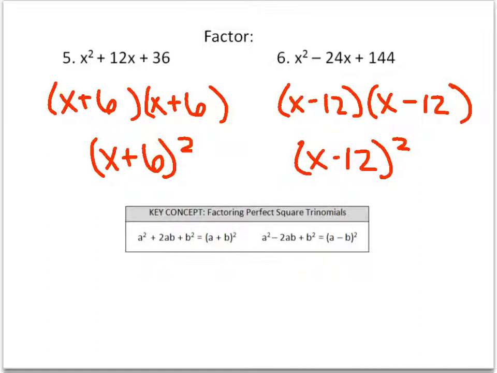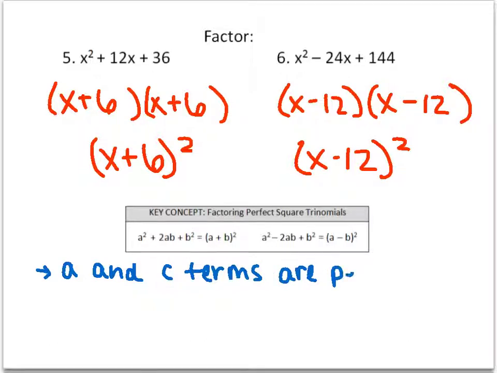A perfect square trinomial is a trinomial, so it has 3 terms. The perfect square part means that your first and your last term are perfect squares. So for a perfect square trinomial, your A and C terms, or the first and the last terms, are perfect squares.